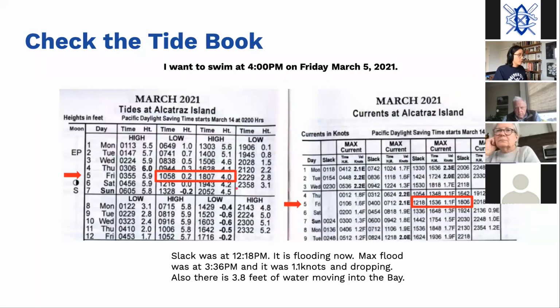Just so that we have an example for a flood, let's say I wanted to swim at 4 p.m. Friday, March 5th. Again, I would look at the tide book, go to March 5th, and try to figure out what block of time I'm coming towards, so 4 p.m. I can see low tide was at 11 a.m. and it's rising until 6.